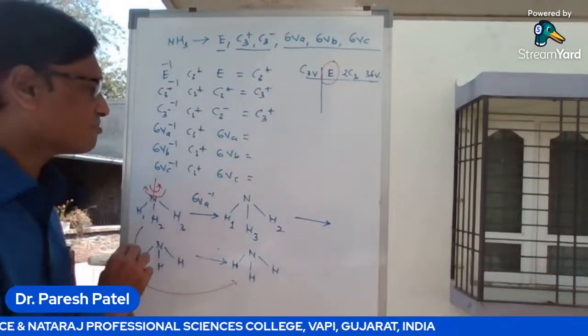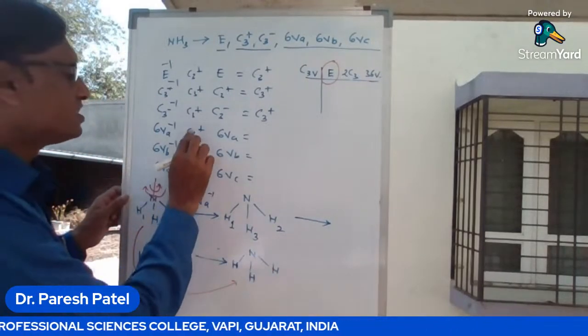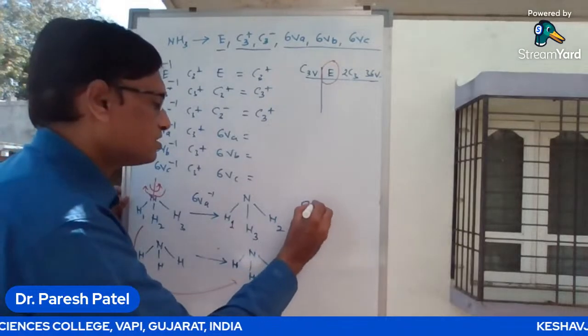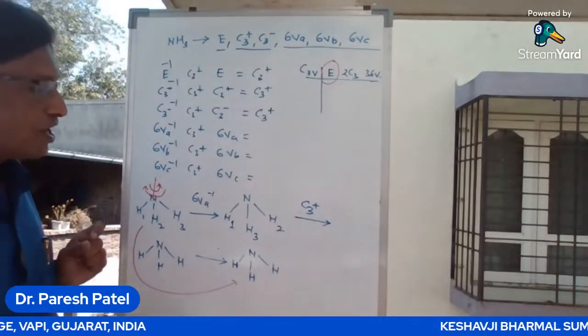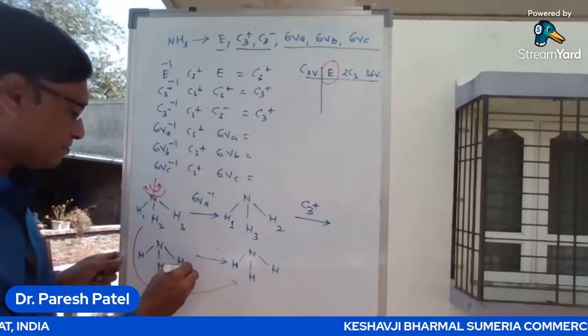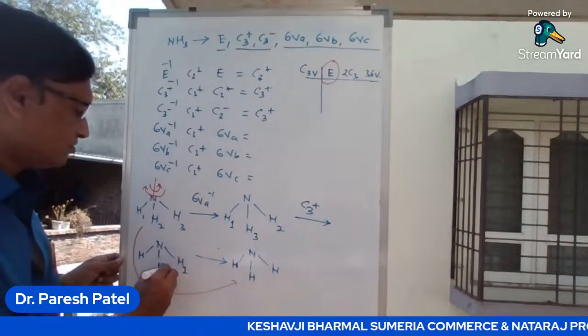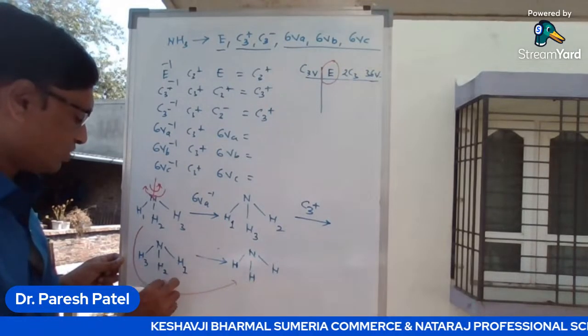Then C3 plus means one time clockwise rotation, so 1 over here, 2 over here, and 3 over here.